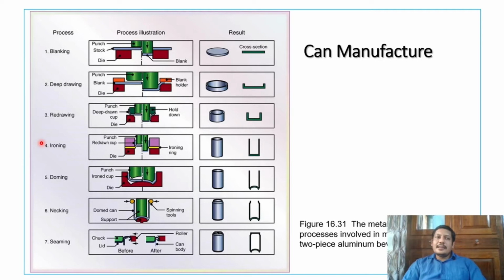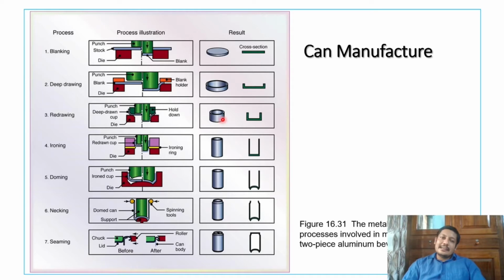So this is an example of can manufacture. You can see the various steps which are involved over here. Starting from blanking, you have deep drawing, redrawing, ironing, doming, necking and seaming. So these are the steps involved in can manufacture.